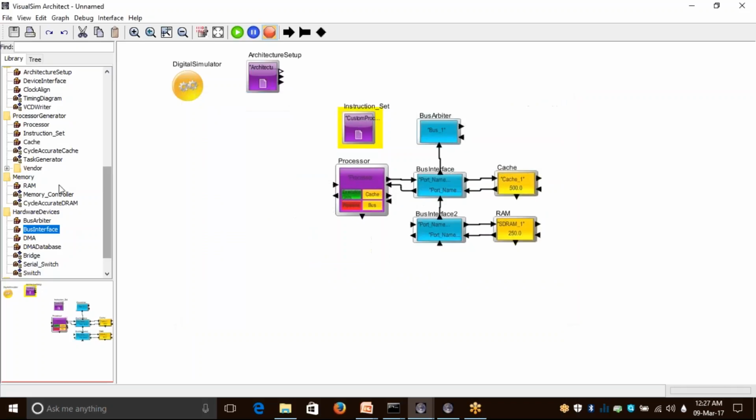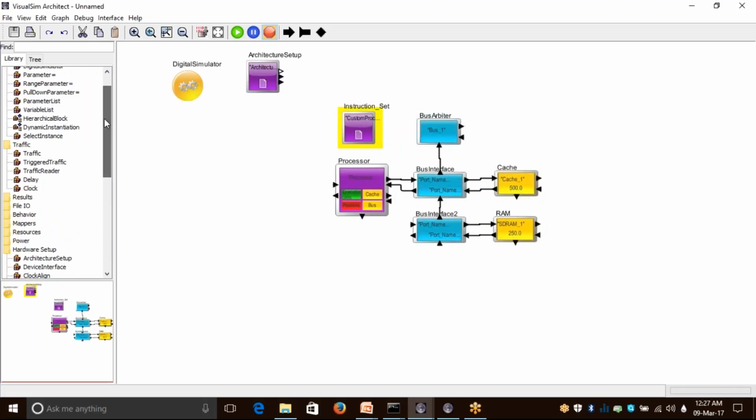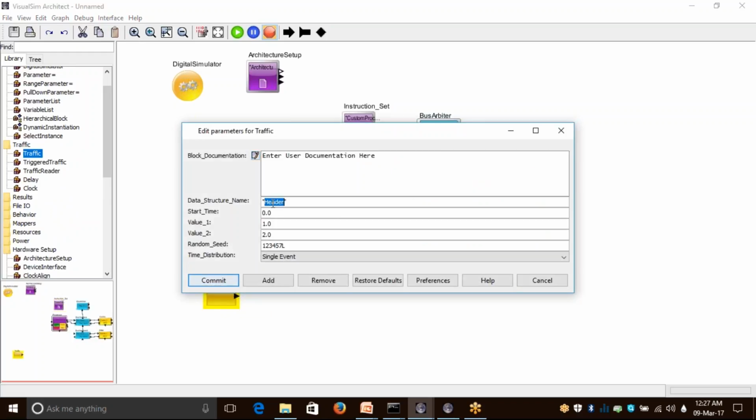Okay. So now I need to model the workload scenarios. I am going to bring in a traffic block. I'm going to call this processor DS. The reason for using processor DS is that all the models communicate using a file called a data structure file, which you can correlate with a struct in C, which has multiple data types with predefined values in it.